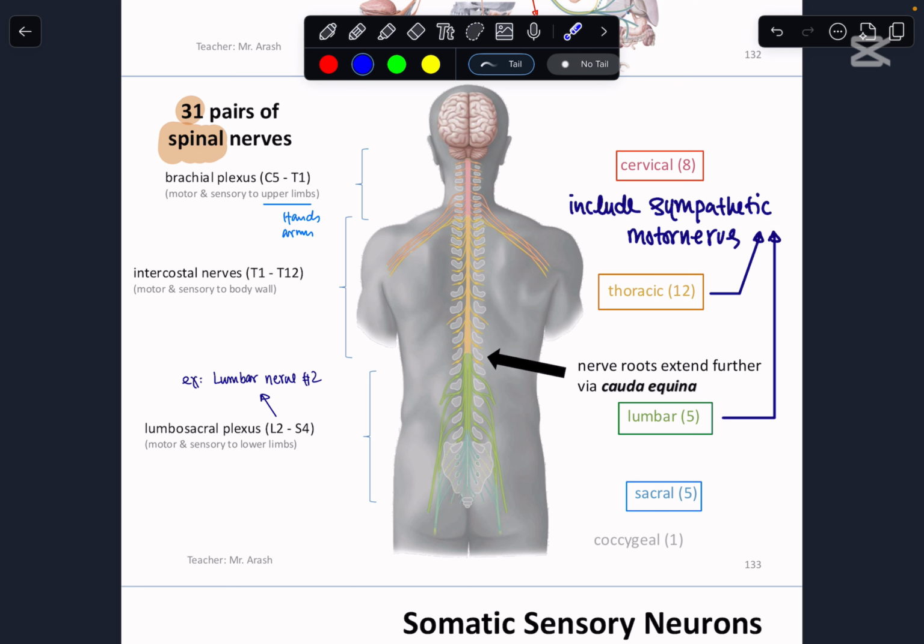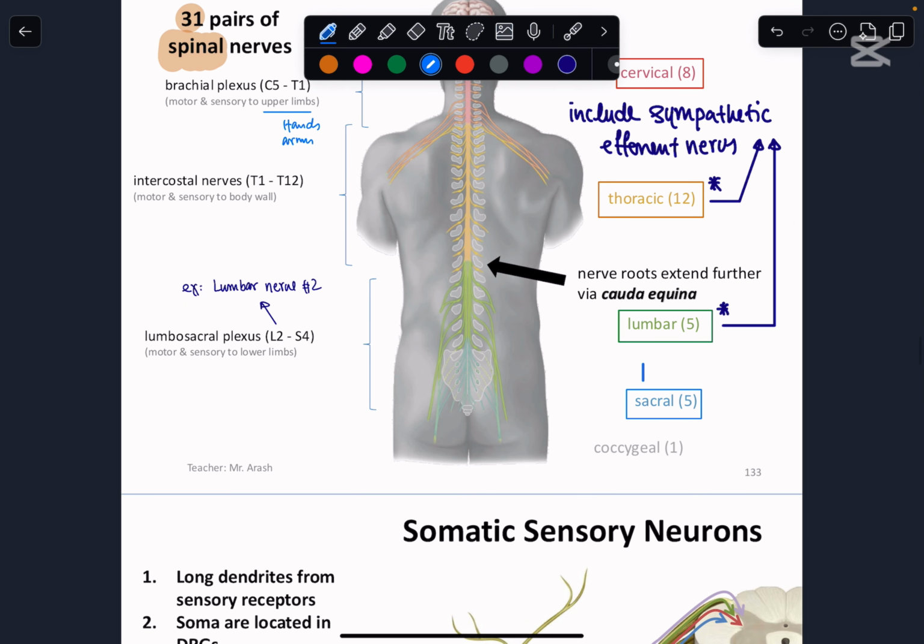Do you follow? Okay, right? Or the efferent nerves. So thoracic and lumbar. And then sacral includes parasympathetic.